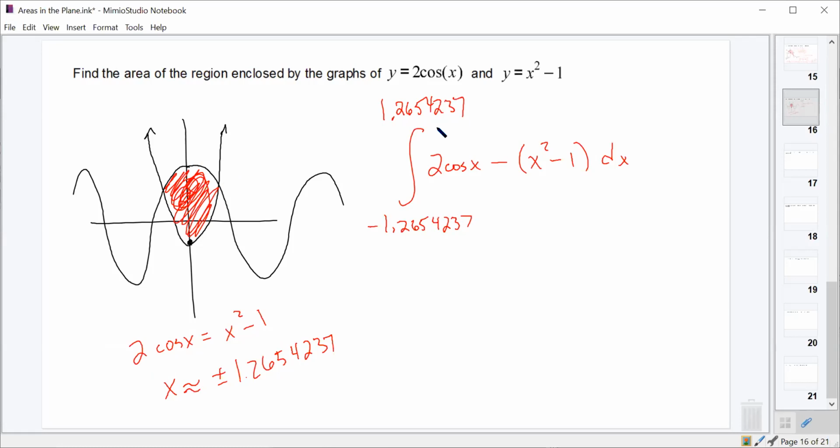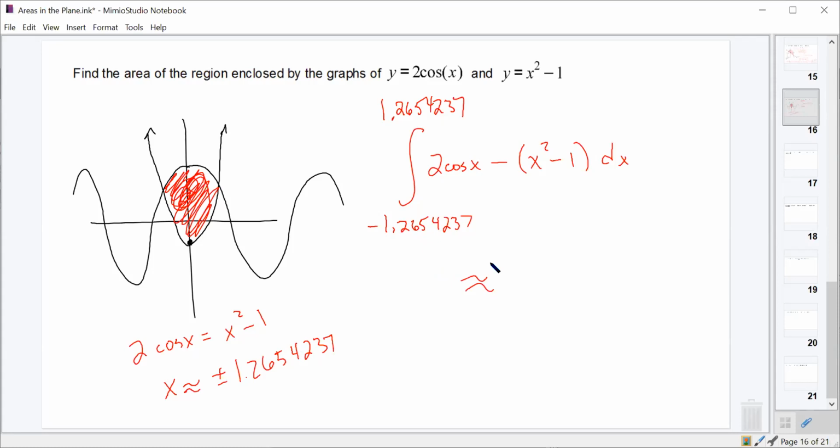Since this is an easy function to integrate, it's 2 sine x minus x cubed over 3 plus x. But evaluating that at these values, you're not going to want to do without your calculator. So if this was a calculator question, which it would be, you'd show the equation, show the intercepts, show the integral, and then just plug it in and approximate it.